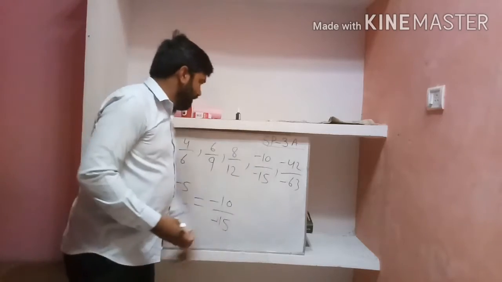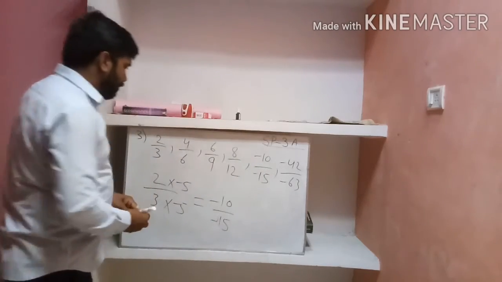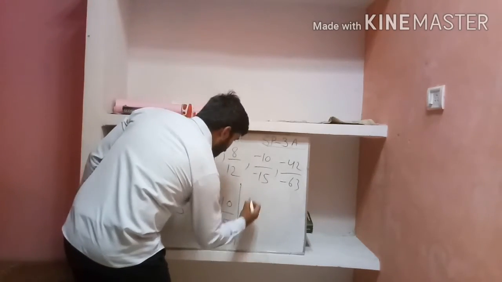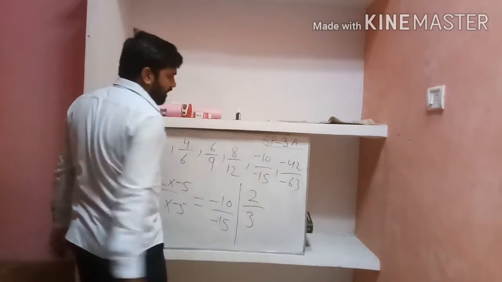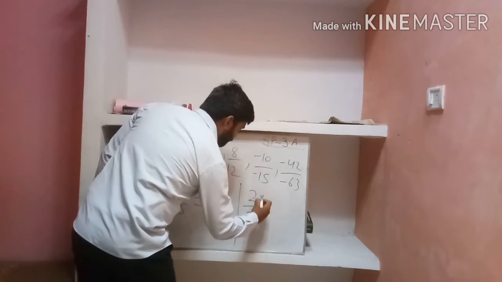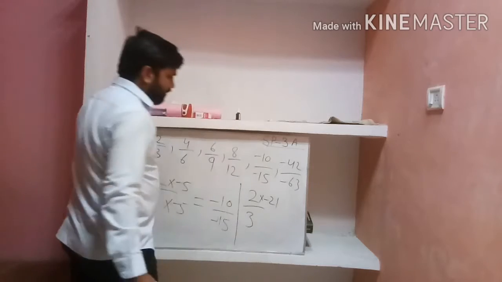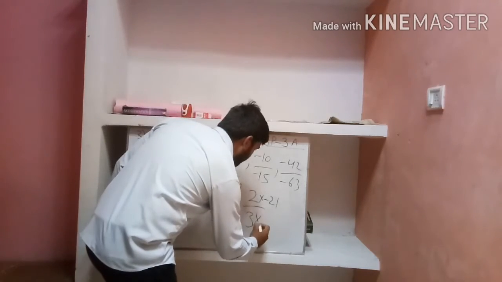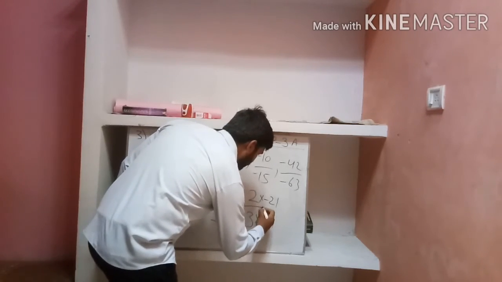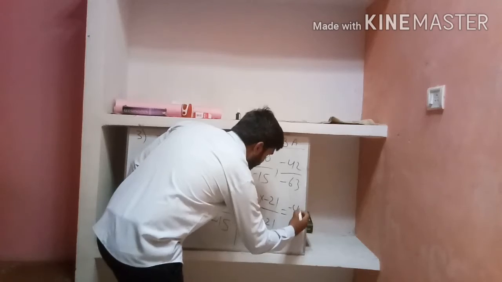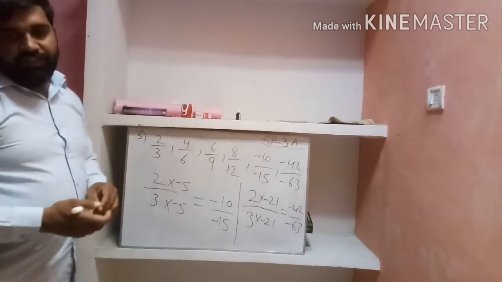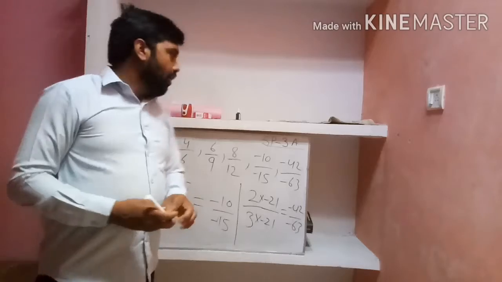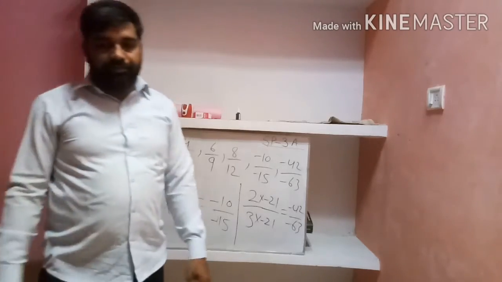Similarly, minus 42 by minus 63: what do you multiply by to get minus 42? That is minus 21. Here also you multiply by minus 21, then it will give you minus 42 upon minus 63. Yes, all these are equivalent rational numbers. In question 3, all these are equivalent rational numbers.